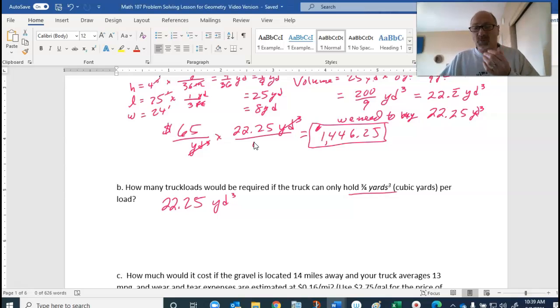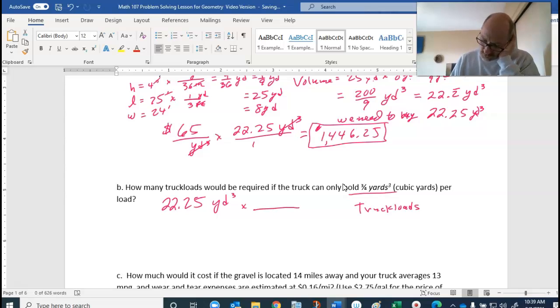So one way to think about how many truckloads it's going to take is this is 3/4 of a yard per truckload. We want our answer to be in truckloads. So we're going to take this 22.25 cubic yards and multiply it by something, and we want it to be truckloads.